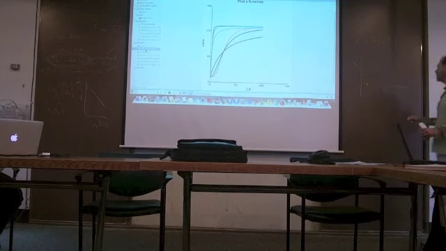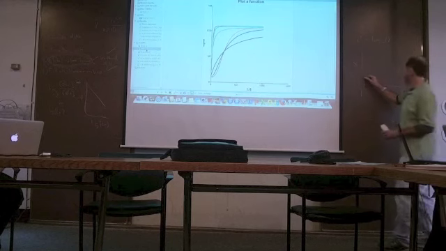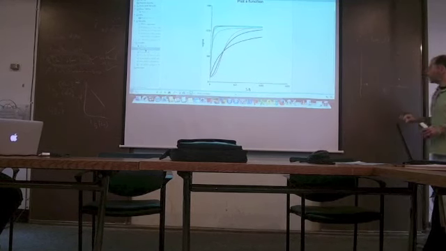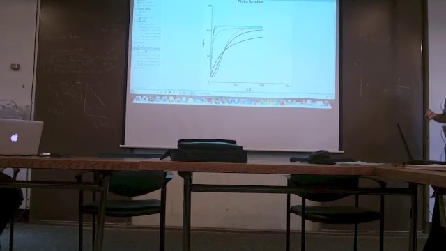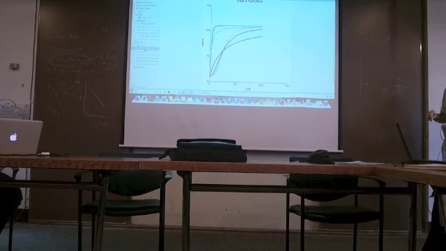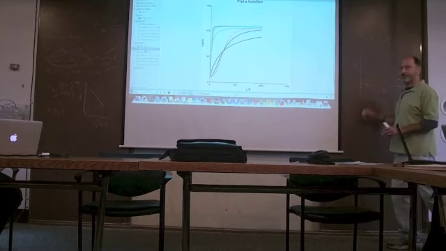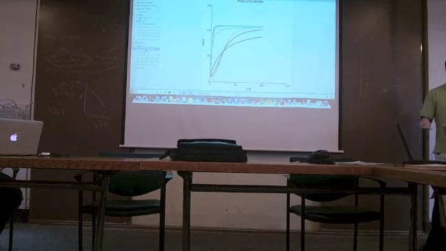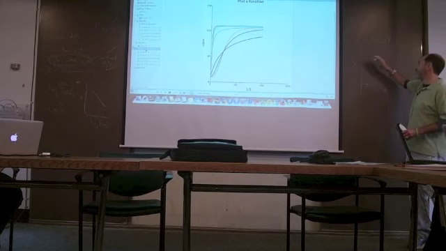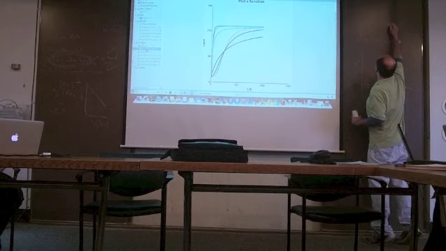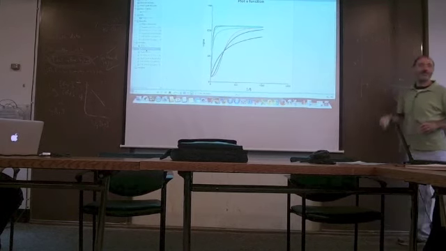When x is equal to 10, what's the logarithm base 10 of x? 1. When x is equal to 0, what's the logarithm of x? Minus infinity, right? 10 to the minus infinity is approximately equal to 0.